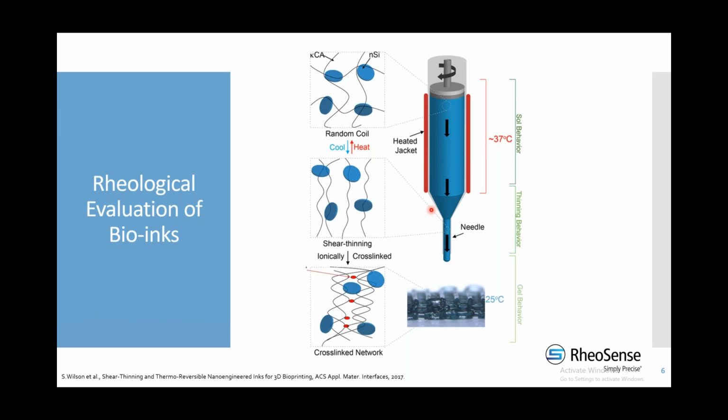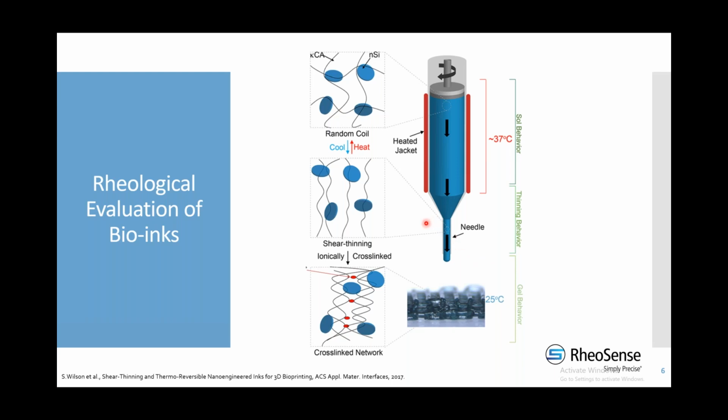This figure is an example of extrusion-based bioprinting, showing the Carrageenan properties during the printing that I found in the literature from a paper by Wilson that nicely shows the steps of the printing process and changes in rheological properties from the beginning of the process to the end, where the temperature decreases from 37 to 25 Celsius. Depending on temperature, Carrageenan properties can be grouped into sol, shear thinning, and gel behavior.